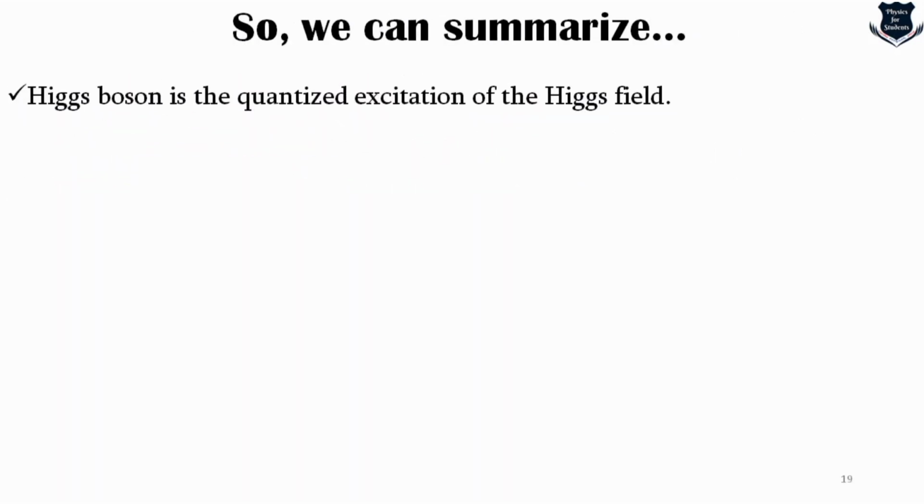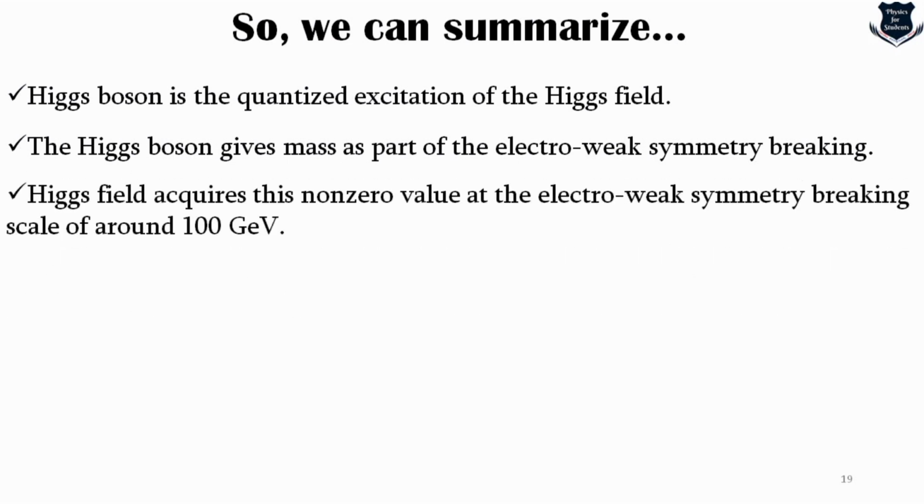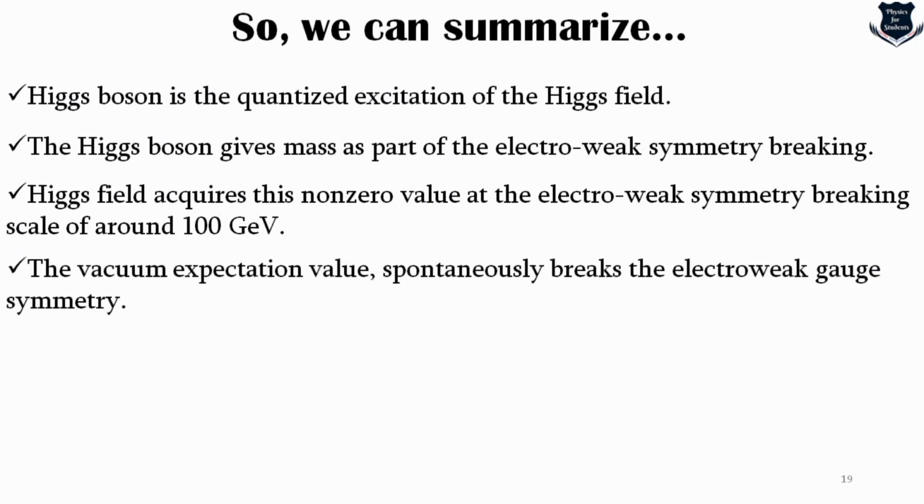So what we can summarize is this: the Higgs boson is a quantized excitation of the Higgs field, and so are the electron and photons. The Higgs boson gives mass as a part of the electroweak symmetry breaking, which we have seen is called spontaneous symmetry breaking. The Higgs field acquires this non-zero value at the electroweak symmetry breaking, at a value of around 100 GeV.